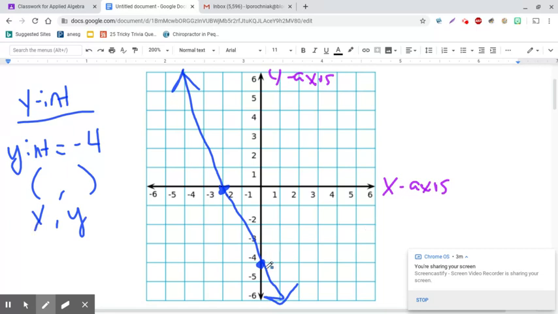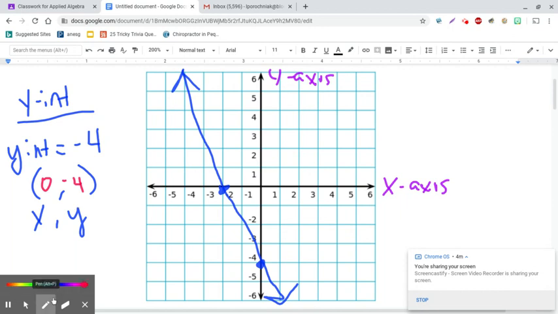So if this is the y-intercept, that means the y value is -4. And the x has to be 0, right? Because if it's on the y-axis, you didn't move over anywhere on the x-axis, okay? It was a 0. So that's how you would find your y-intercept. So the y-intercept of this line is either y-intercept equals -4 or 0, comma, -4. All right, you will see both ways.